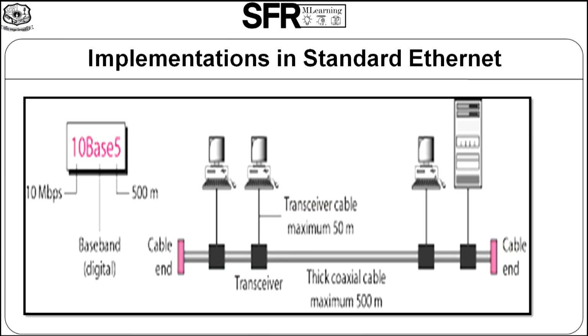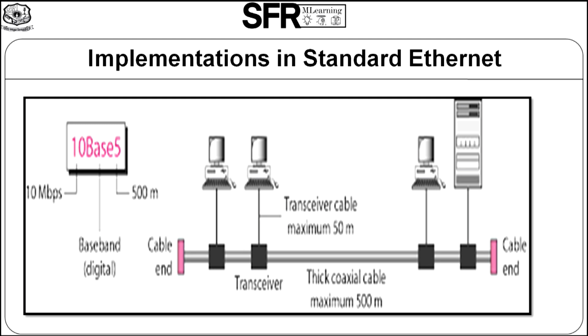The first implementation is 10Base5. The 10 indicates the speed, 10 Mbps, and base means baseband, that is digital transmission. The 5 means a 500 meter cable will be used, so the length of the cable will be 500 meters. In 10Base5, coaxial cable is used, called thick coaxial cable, so it can't be bent.